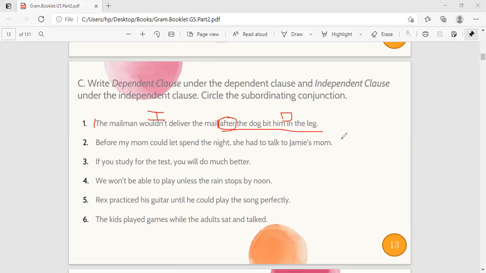Karim. Yes. Yalla Karim, number 2 please before the time ends. Before my mom could let me spend the night, she had to talk to James' mom.